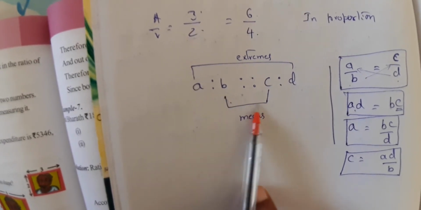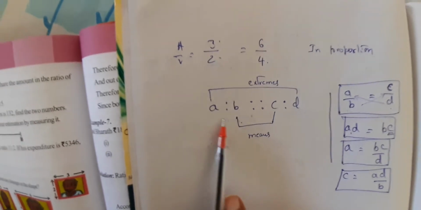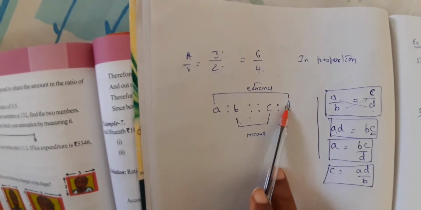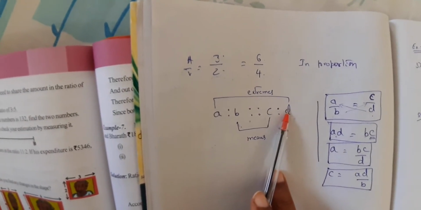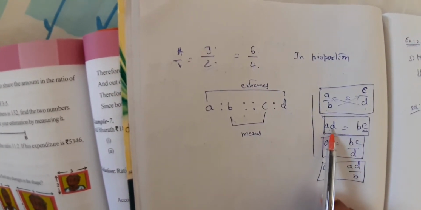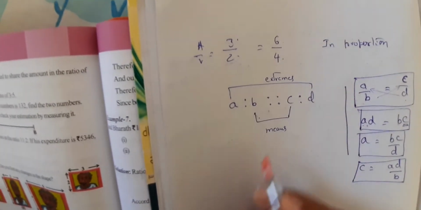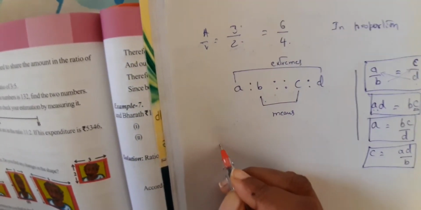So what are these two called? Means. And what are these two called? Extremes. If you observe here, you can see that product of extremes is equal to product of means. So let us write the conclusion here.